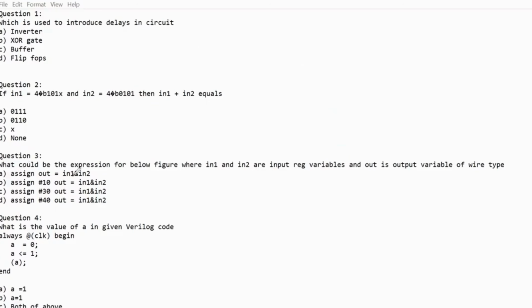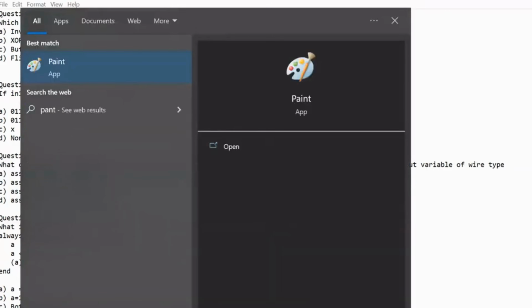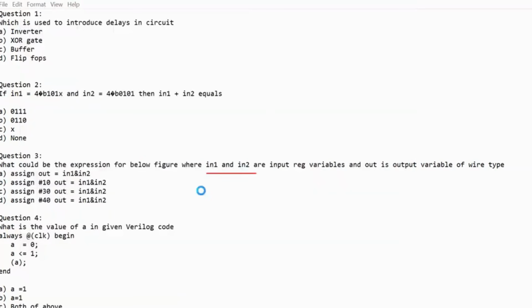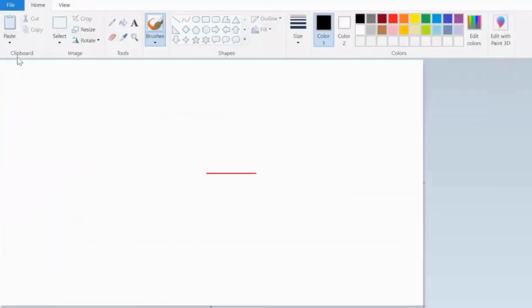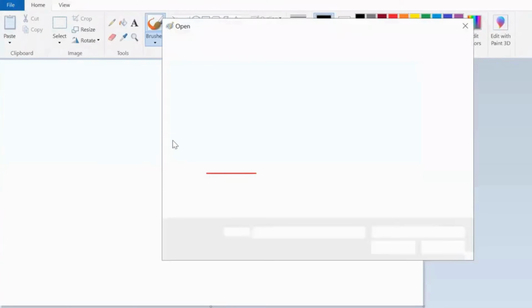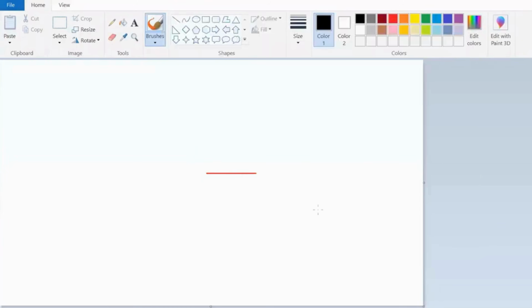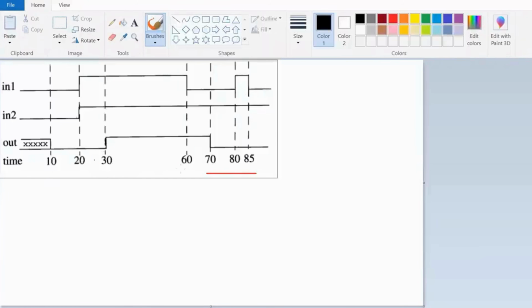Next question. What could be the expression for the below figure? In1 and in2 are the input reg variables, and out is a wire type. Wait just a second, I will show you the waveform. Is it visible?